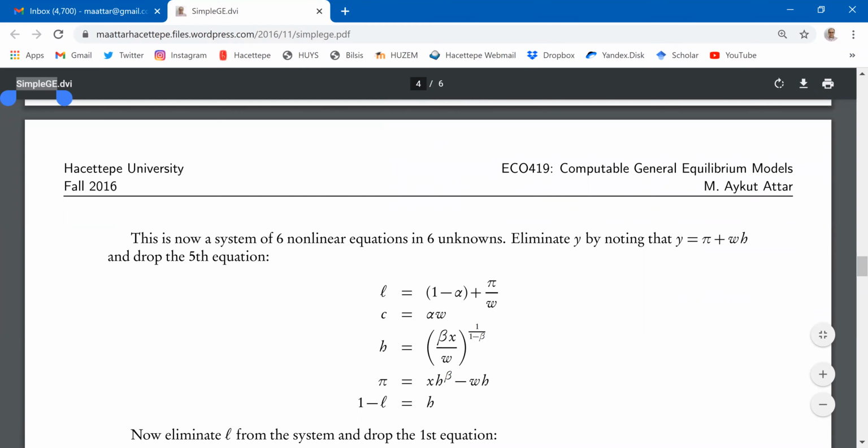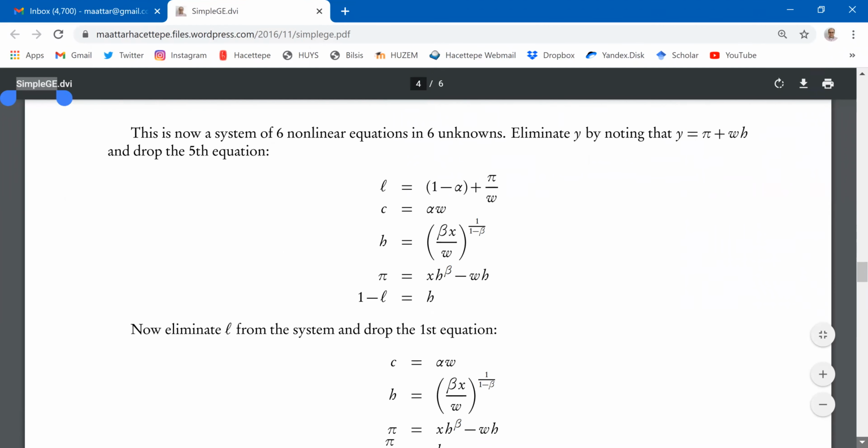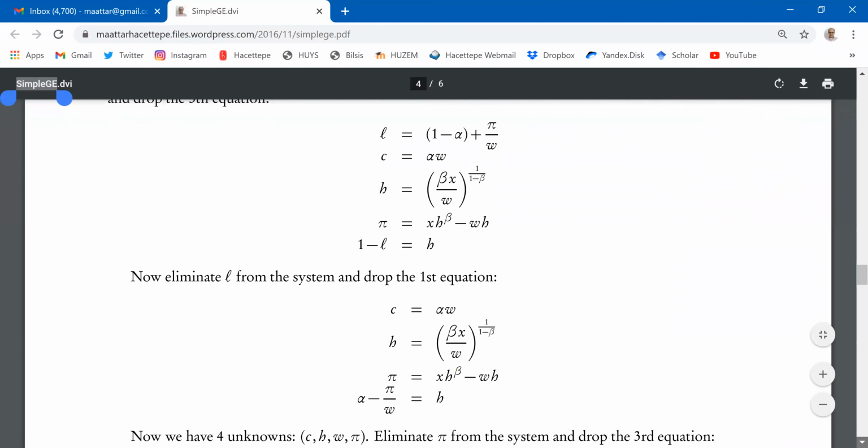Then you have 5 equations and 5 unknowns. The unknowns are L, C, H, pi, and W. Now realize from the last equation, L is dependent on H. Then you can eliminate L from the system and drop this equation.